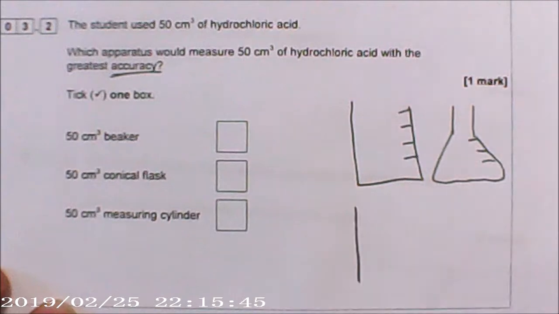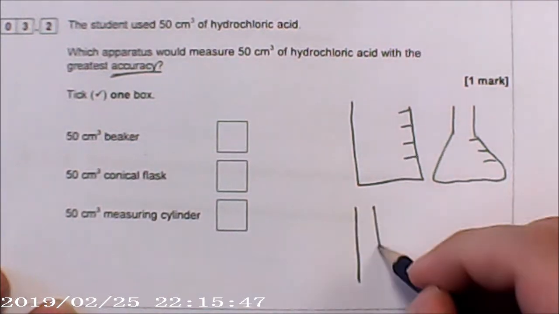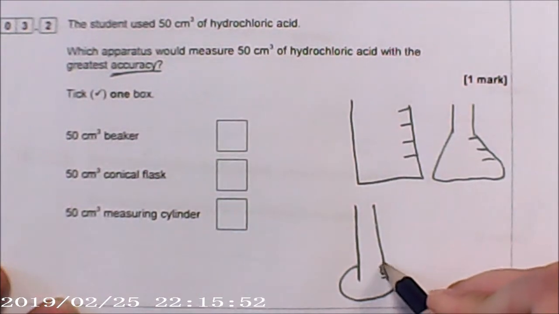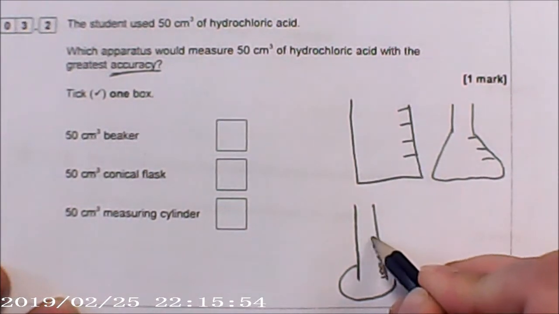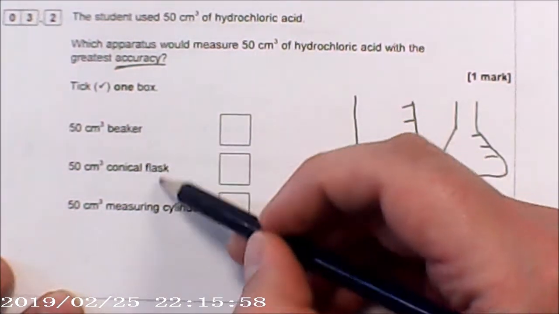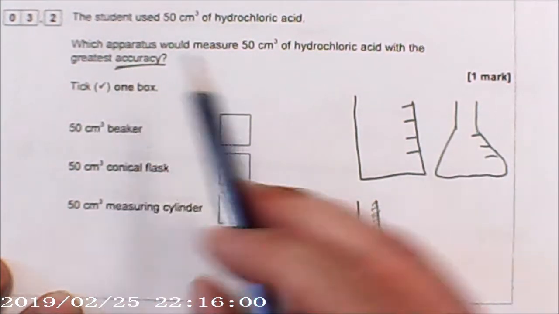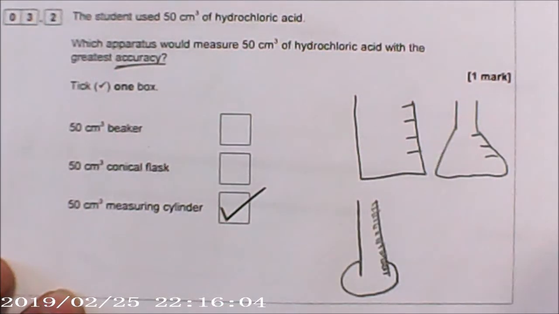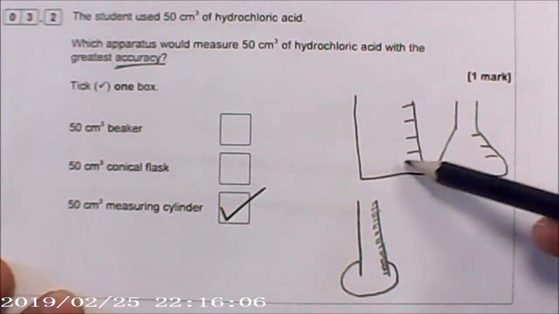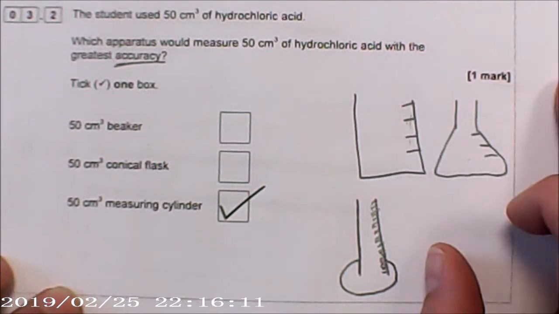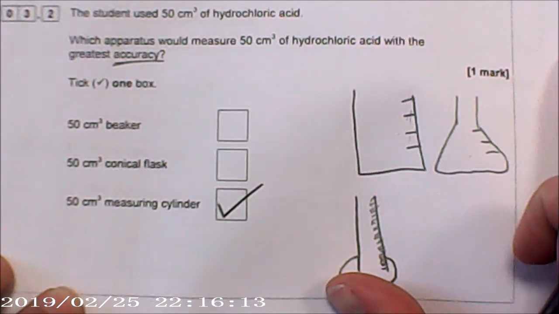And then if you think of a measuring cylinder like this, it's got graduations, but they're much smaller. So it's going to give you a much more accurate reading. So out of these 3, the piece of equipment that will be most accurate is going to be a measuring cylinder, because even though these 2 can measure volumes, there is a big distance between those graduations. It's not as precise.